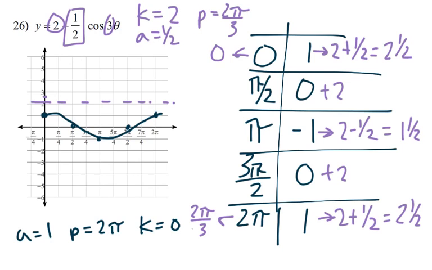So what's halfway between 0 and 2 pi thirds? Well, if we cut 2 pi thirds in half, that would be like dividing it by 2? Or dividing by 1/2? Nope, multiplying by 1/2. If we cut it in half, we'd have 2 pi sixths, or that would reduce to pi thirds.